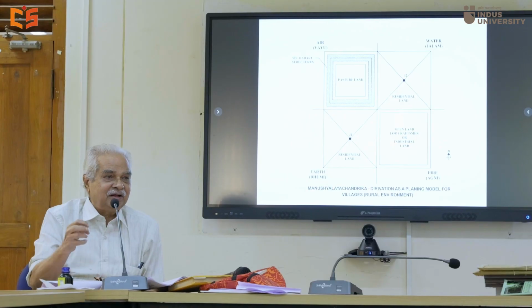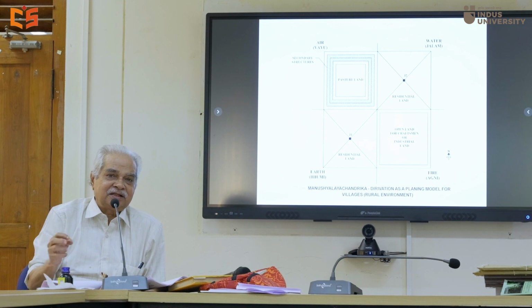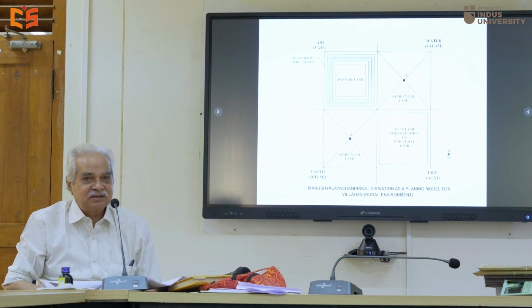occupying houses in only 2 quadrants, that also in 2 stages. First you occupy one, then only you occupy the other. Leaving one entire quadrant as pasture land and another for the development of industries, from which I feel that Manushyalaya Chandrika is to be studied in different perspectives.